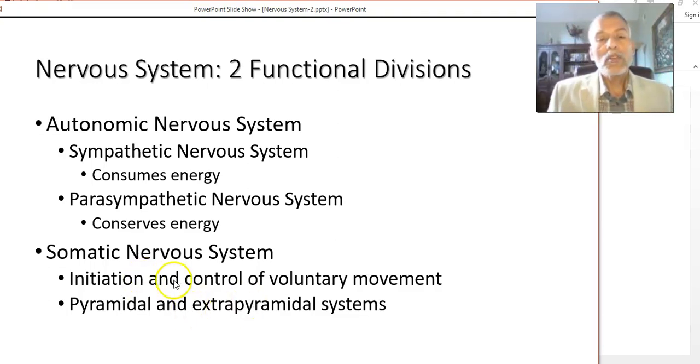So the somatic nervous system is concerned with the initiation and control of voluntary movement of different parts of the body. And it has in itself two systems as well. One is the pyramidal system, and one is the extrapyramidal system. These systems basically are concerned with the gross motor and the fine motor regulation of movement in your body.